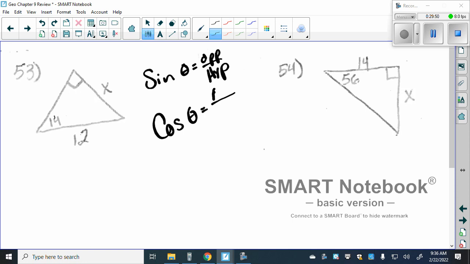Cosine of a given angle is adjacent over hypotenuse. And tangent of a given angle is opposite over the adjacent. So when we figure out which angle is given, we need to see how the sides relate to that angle. Now we know for sure if we're not given the hypotenuse, we have to use tangent.